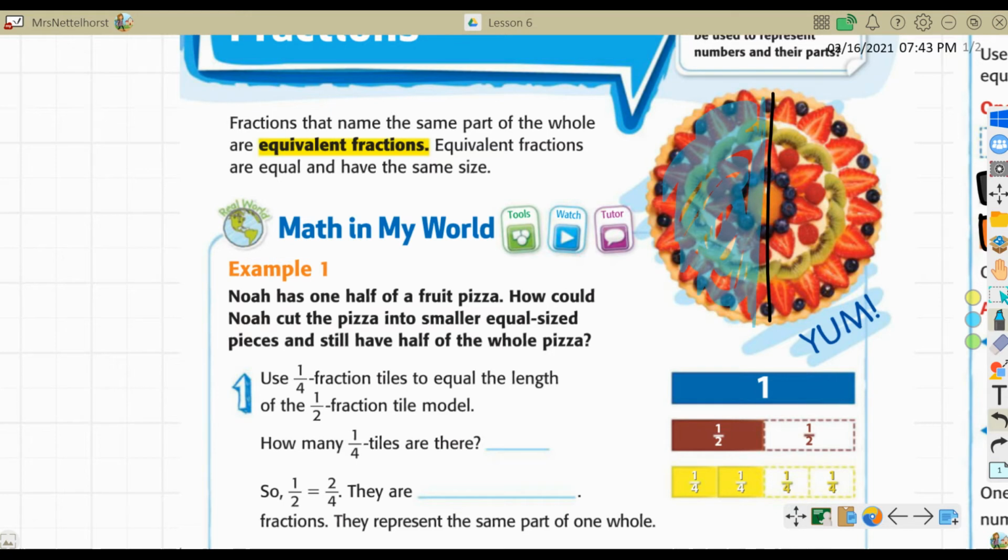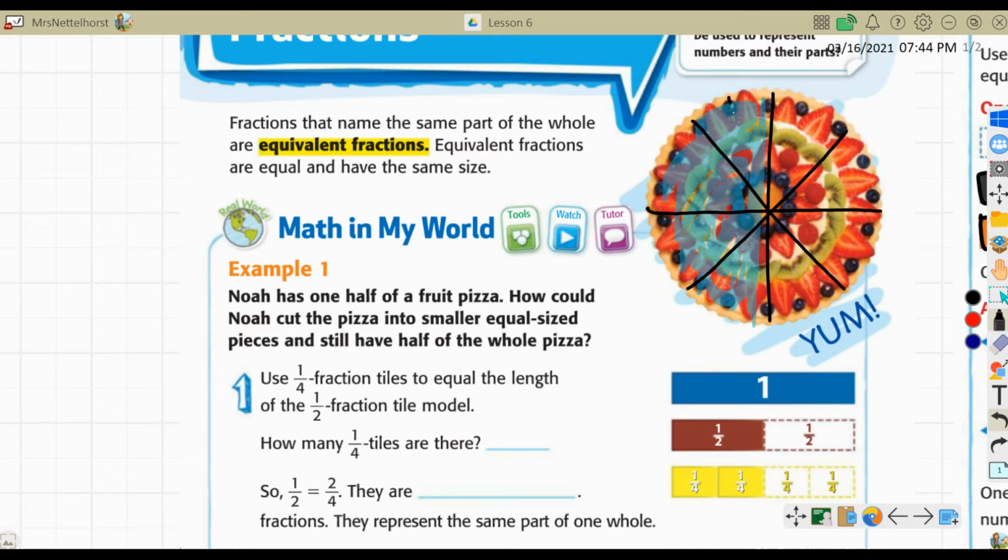Now I want to see if I can make smaller equal-sized pieces. Remember, equivalent fractions have to be equal. And so I'm going to make it into fourths. Half is still blue, but now it shows 2/4 are also 1/2. I could cut each quarter in half to make it 8 equal-sized pieces. And now I have 4/8, which is also equal to a half.